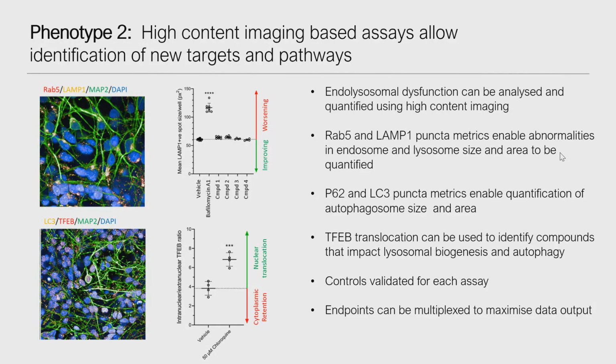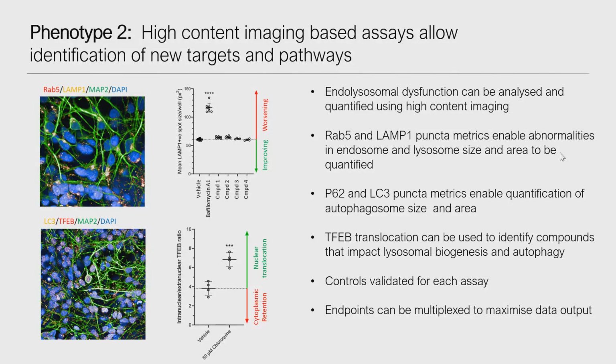So the RAB5 and LAMP1 immunofluorescence metrics allow us to look at abnormalities in endosomes and lysosome size and area, and to quantify this. We also have a number of different molecules which we know will either improve or worsen the phenotypes that we see.